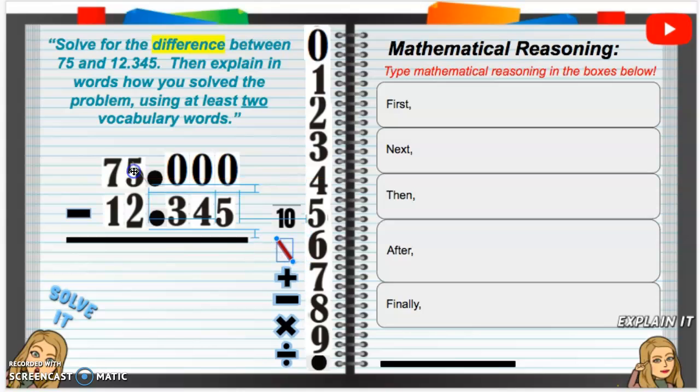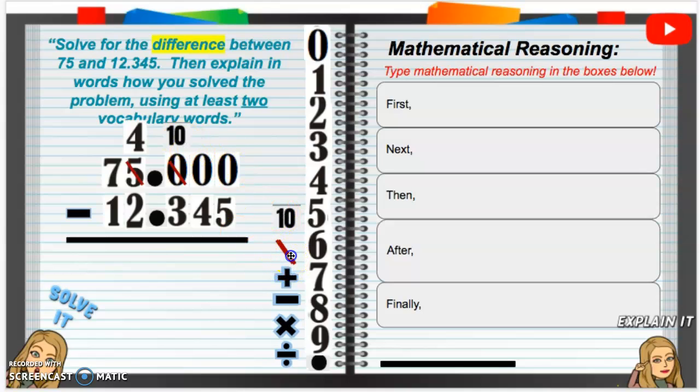So this 5, we're going to cross it out and make it a 4. So that 5 becomes a 4. Now that is able to make this 0 a 10. So I'm going to drag one of these 10s. Now we have enough to borrow to get a number in where this 0 is.